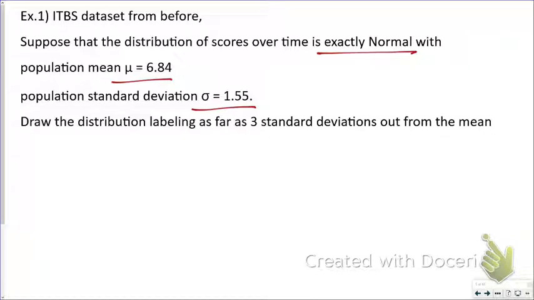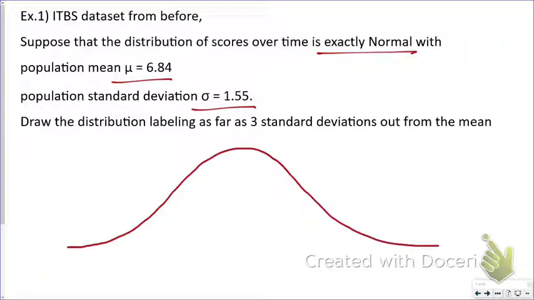So what you do is you draw a bell curve. Let me start over. And down the middle, we have our mean. So in this case, 6.84. And then we need to label the standard deviations.